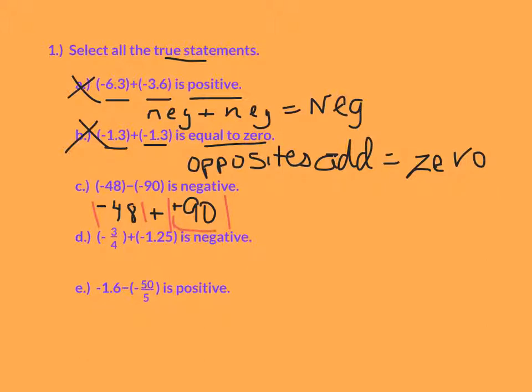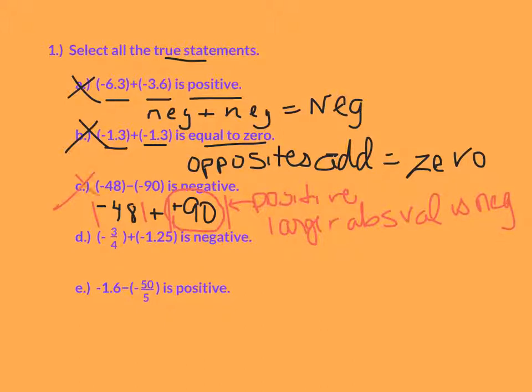And my larger absolute value is right here. So therefore, the sign of this one would always be positive. And that's due to the fact that the larger absolute value is negative, because that's always the sign that we take for our final answer.